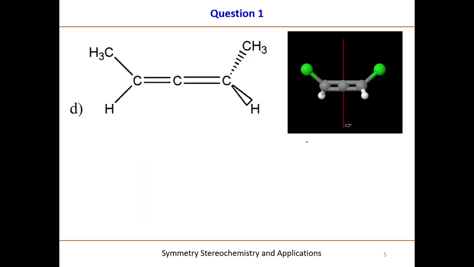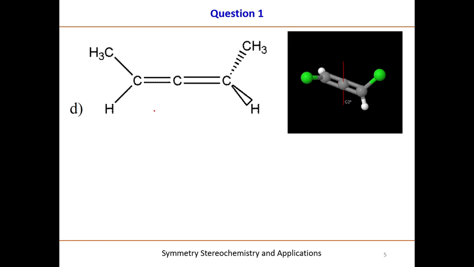The next one is allene. This is 1,3-dimethylallene. If we talk about simple allene, we will get a different result. But here we have 1,3-dimethylallene, which will not give the same point group as allene.